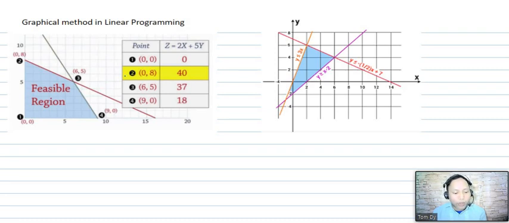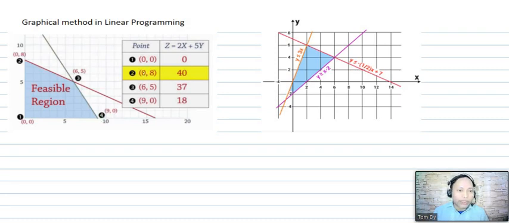is a solution space, or we call it search space. This is the set of all possible points of an optimization problem that satisfy the problem's constraints, potentially including inequalities, equalities, and integer constraints. So, for example, this one, point 1, point 2, point 3, and point 4, we identify our points for this part at 0, 0, we have this one, and then point 2 at 0, 8, and then point 3 at 6, 5, and then point 4 at 9, 0.